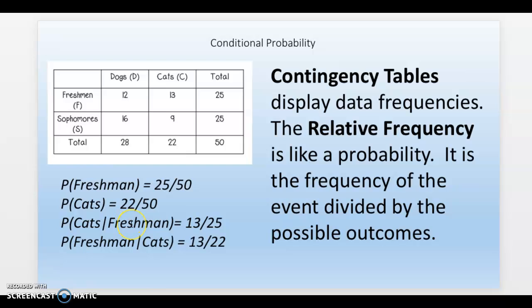Given that they're freshmen, how many of them have cats? So given freshmen, that's 25. How many of those have cats? 13. This is given cats, how many of them are freshmen? Given cats is right here, 22. Of those 22, 13 freshmen have cats, all right?